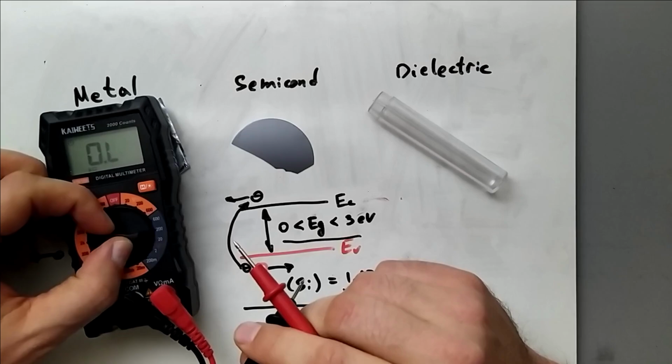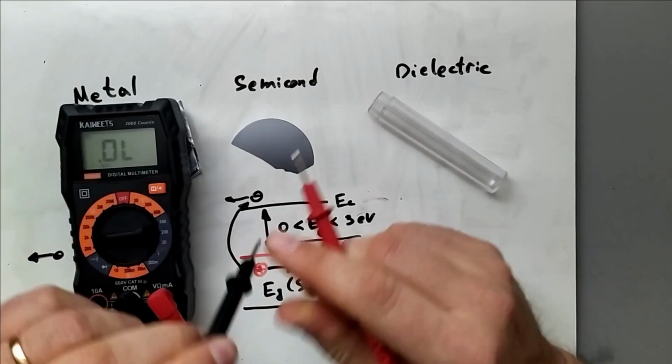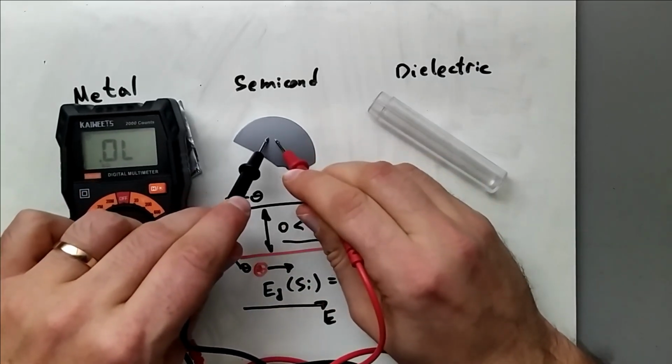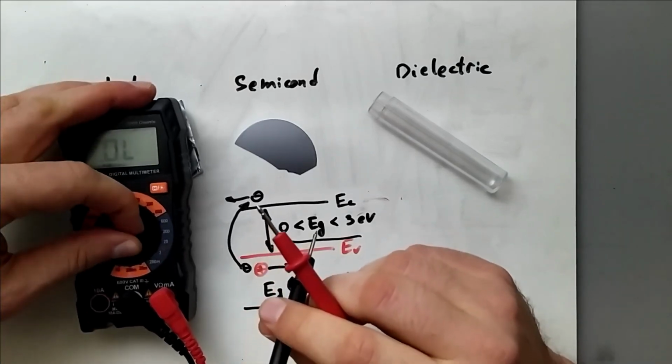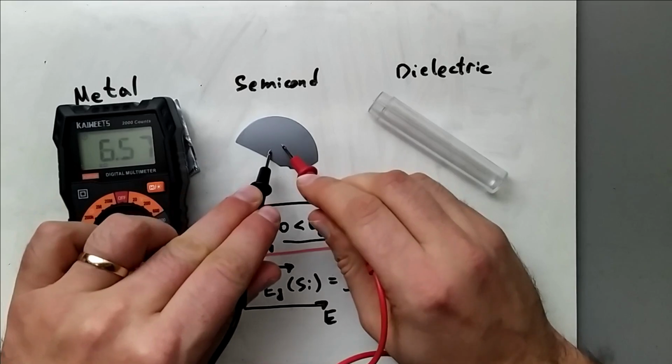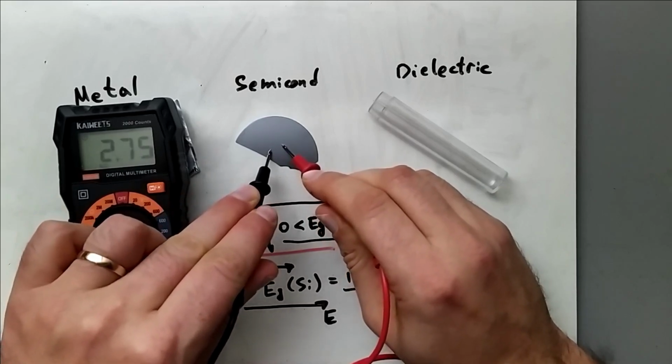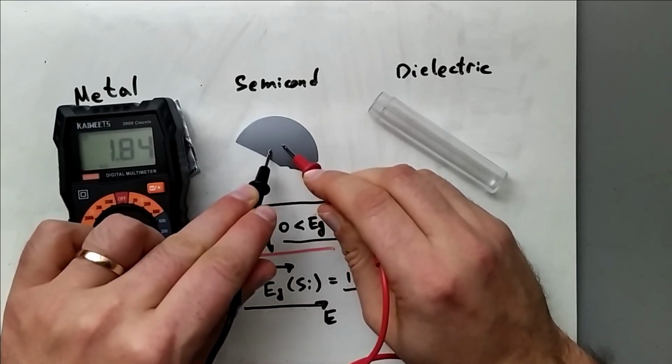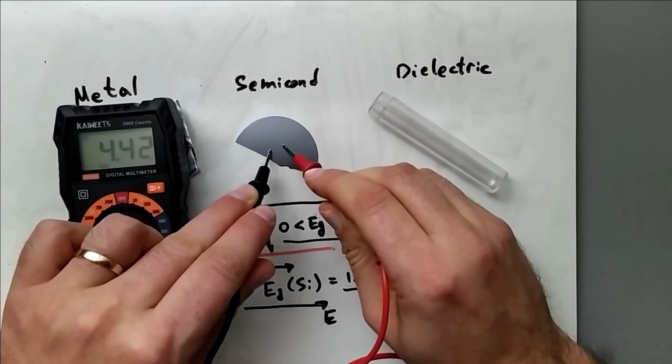Let me go maybe to 2 kilo ohm. Let's see what we get. Well, 2 kilo ohm is too low, and we can stay with 20 kilo ohm. Yeah, here we see the resistance. It's somewhere in the range between 1 and 4 kilo ohm.